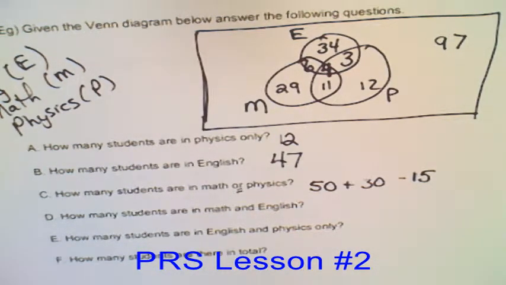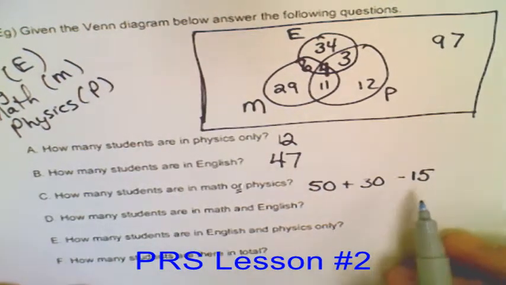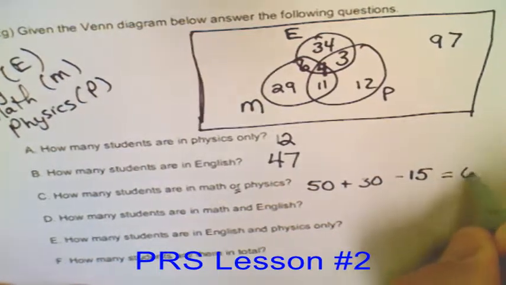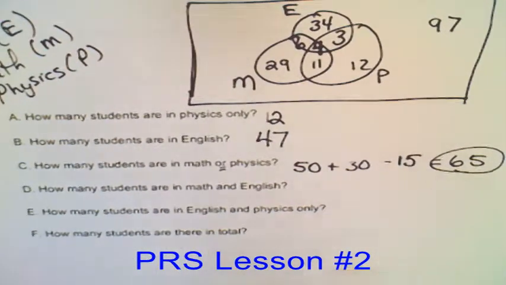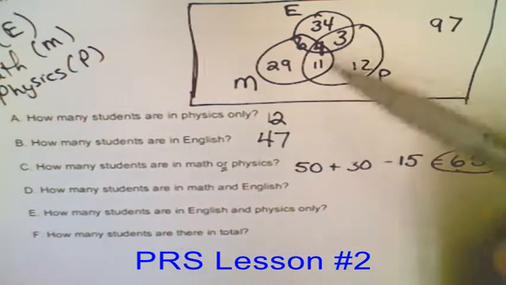So 50 plus the 12 and 11 is 23, 26, 30. And you think, oh, that's it. There's 80 students. But it's not right. These 11 and 4, they've been counted twice. You either don't count them originally, or you have to subtract them once. Because I counted them once in here, and once in there. I counted the 11 and 4 twice. So I have to undo that.